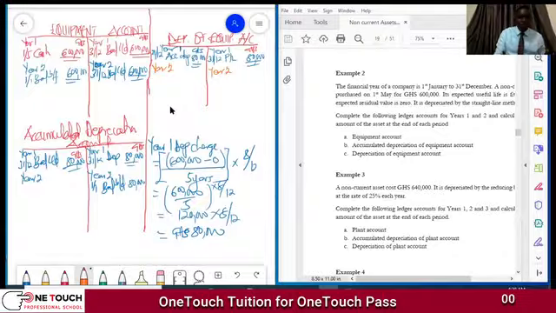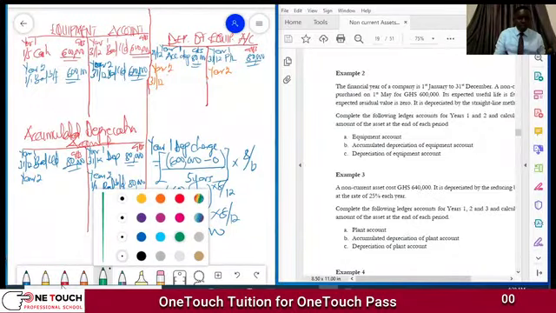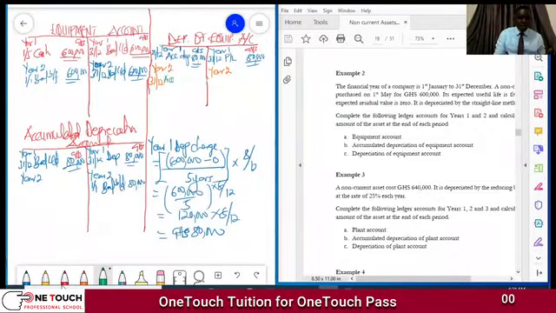In year 2, we have 31st of December, accumulated depreciation will be 120,000 Ghana cedis.